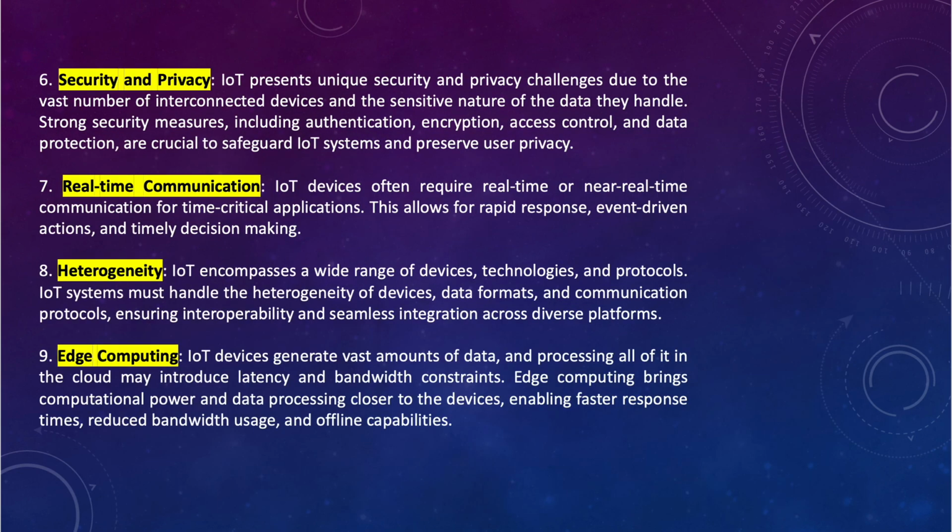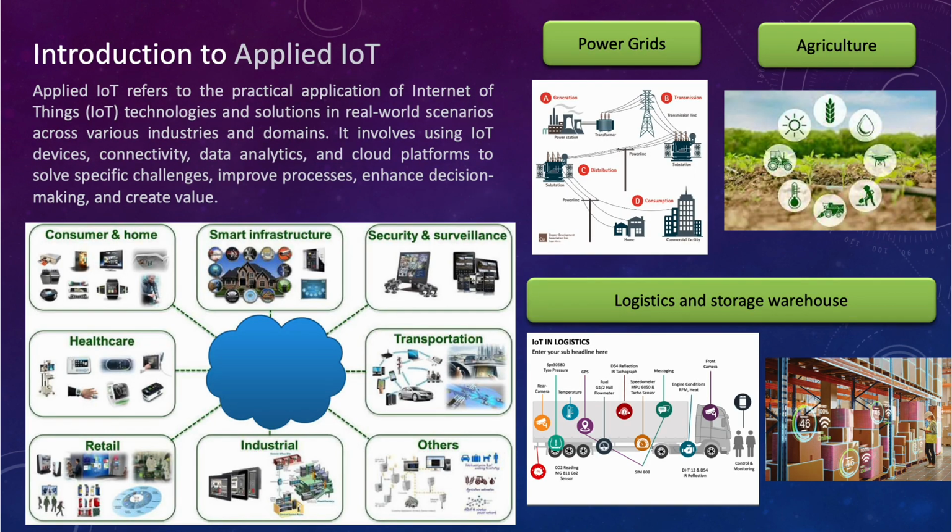So why does this security and privacy come into play? Because IoT can be applied into highly sensitive situations, and according to the definition, we are going to enhance decision making.